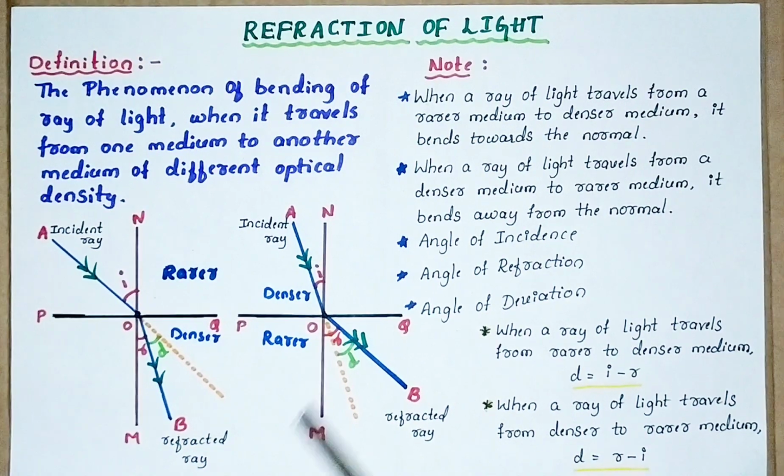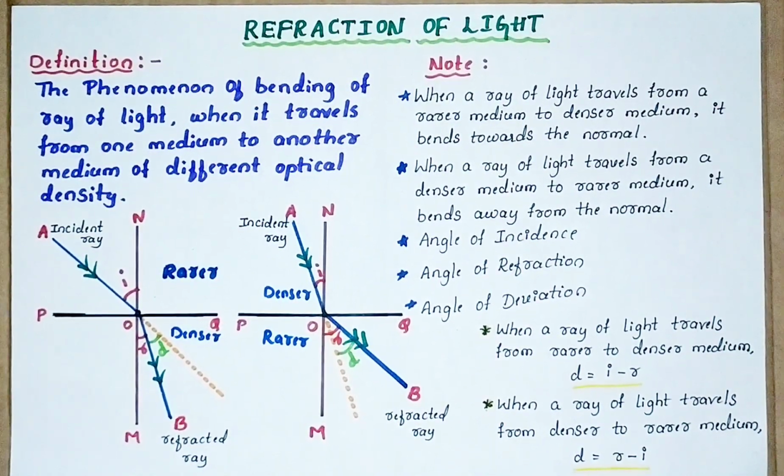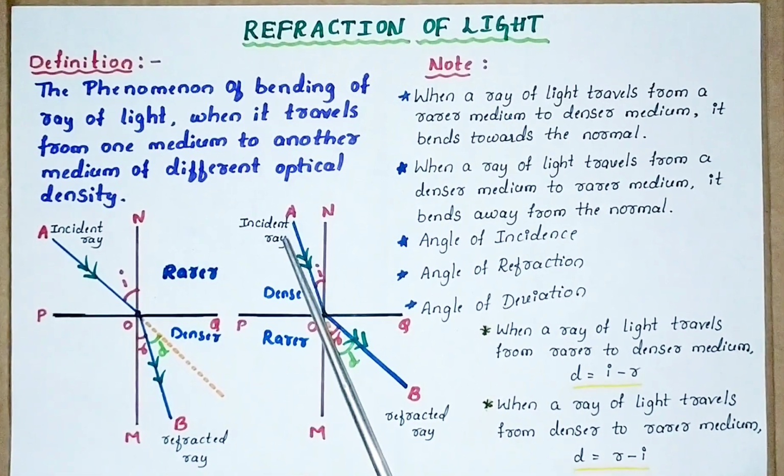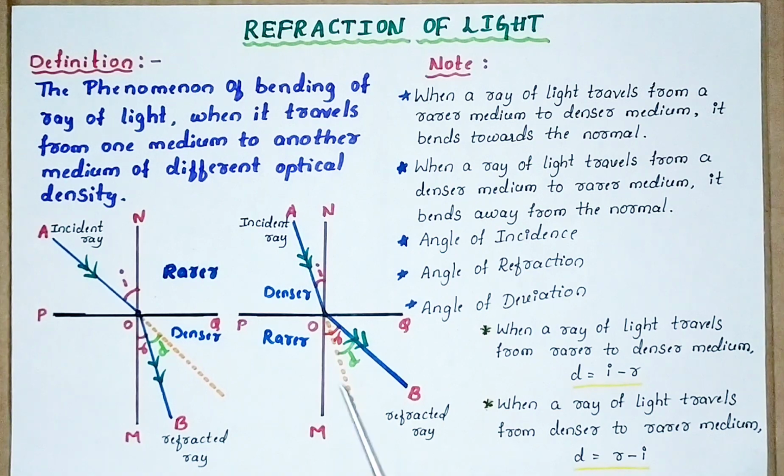Similarly, you can observe the second ray diagram. The ray of light is initially traveling in the denser medium, that is high density. Now it is entering the rarer medium. High density to lower density, or rarer medium, so the speed of light increases. What happens? This ray of light has to travel in this path in a straight line, but it is deviated, it is bending.